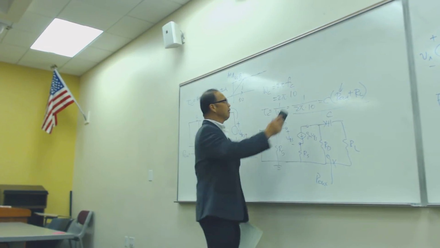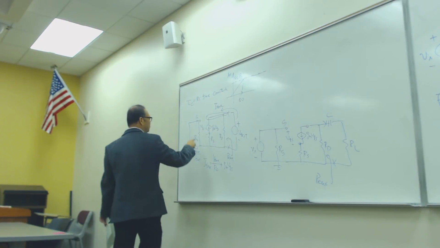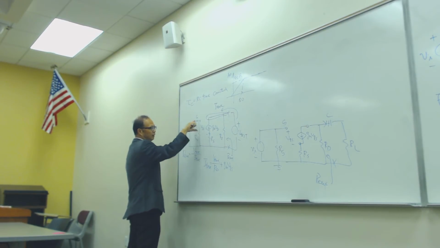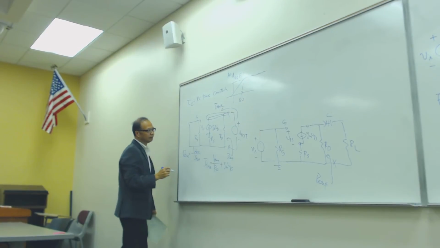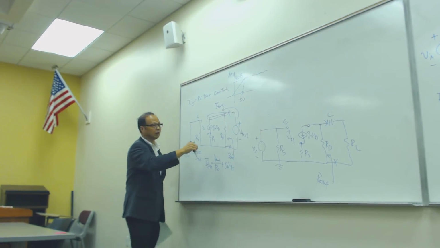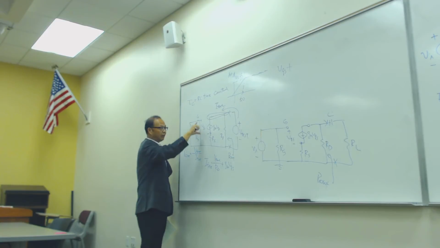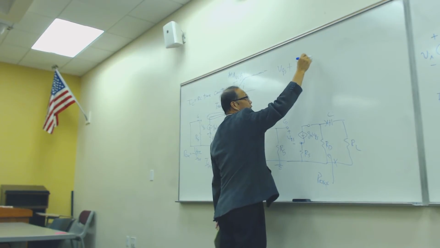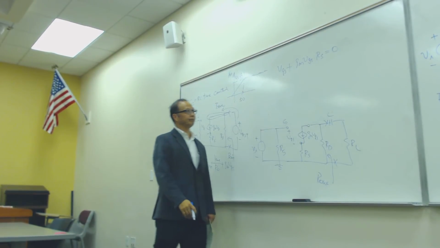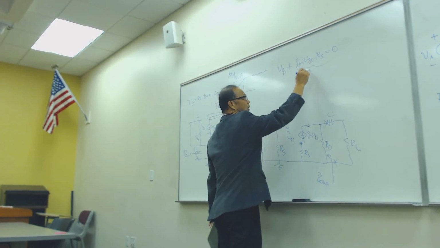Then I go up here: this plus that equal to 0. V GS plus the voltage drop on R sub S, which is g m V GS times R sub S, equal to 0, according to KVL.